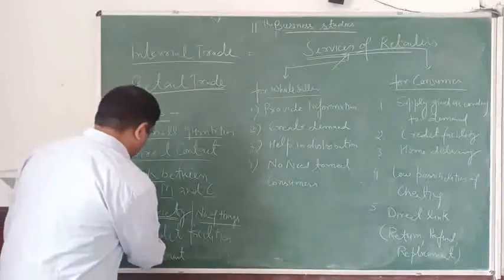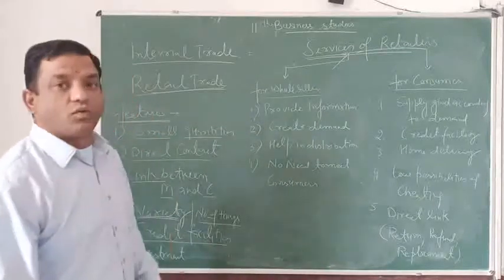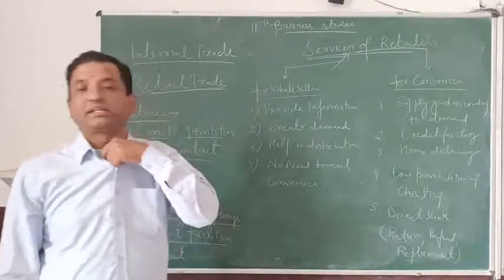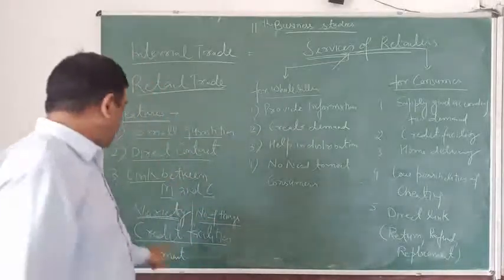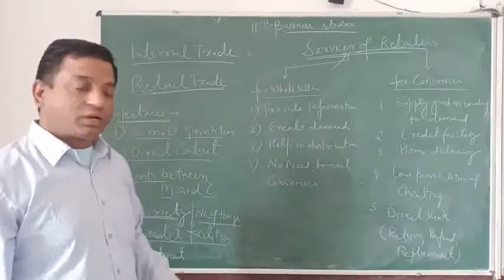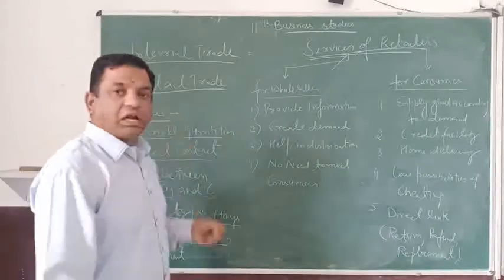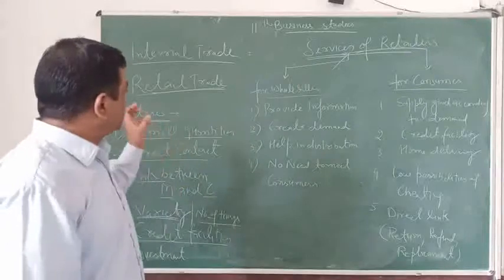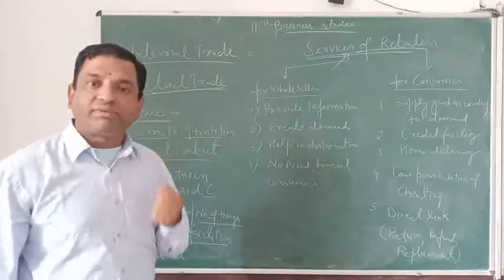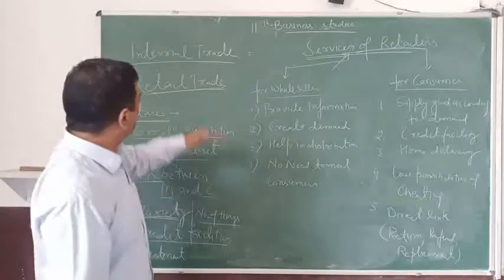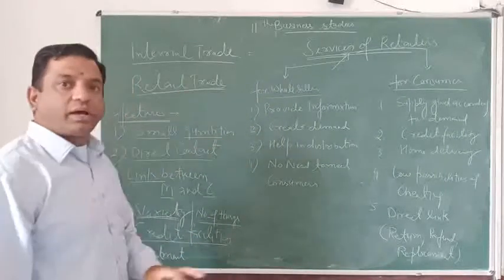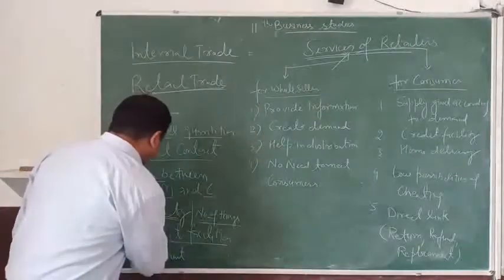Then, one of the most important features as well as advantages of this retailer, he also provides credit facility to the customer, because he or she is personally known to the consumer, and the consumer has faith in the retail trader. That's why he offers the credit facility.